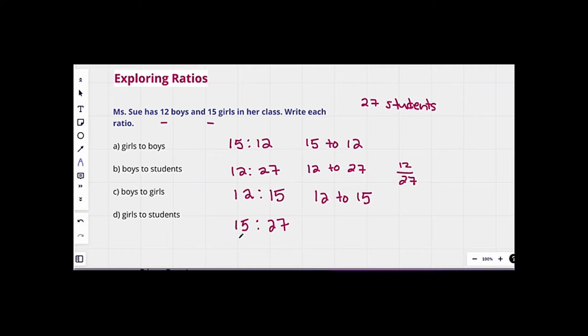So we've got 15 to 27. We can write that as 15 to 27, or because we're looking at the whole thing, we said we could also represent that as a fraction, and it will be 15 over 27, which means 15 out of the 27. Right here it means 12 out of the 27. And that's how we answer this type of problem.